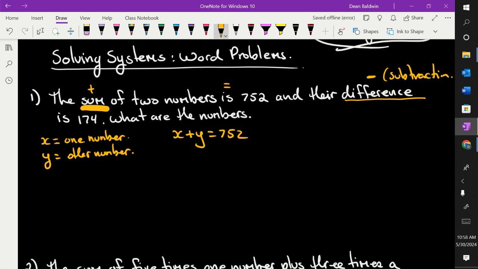So what do I write for that? x minus y equals 174 because is means equals. So then we get x minus y is equal to 174. Okay. Now you're done with the word part.